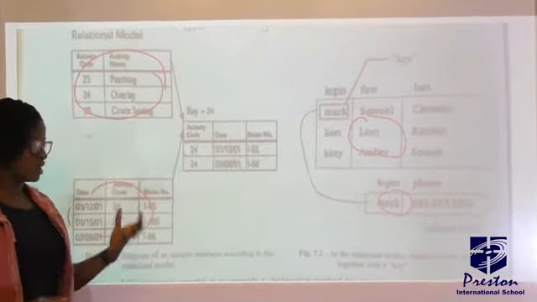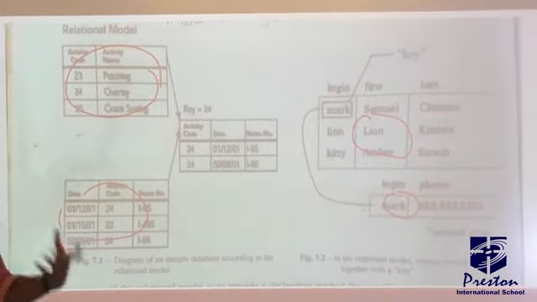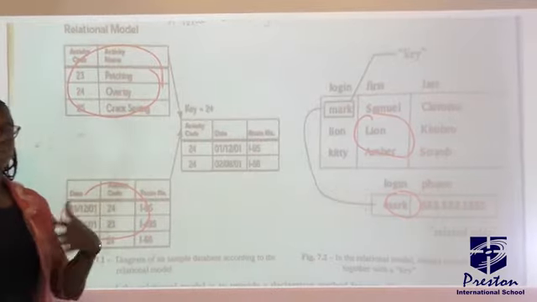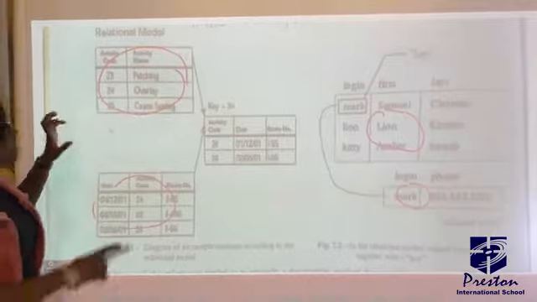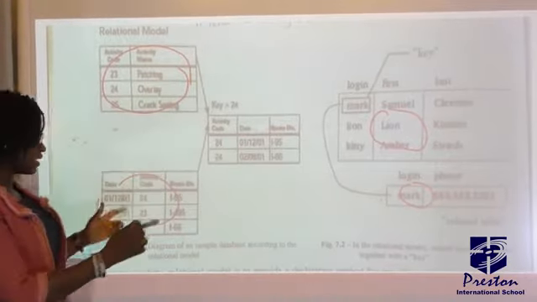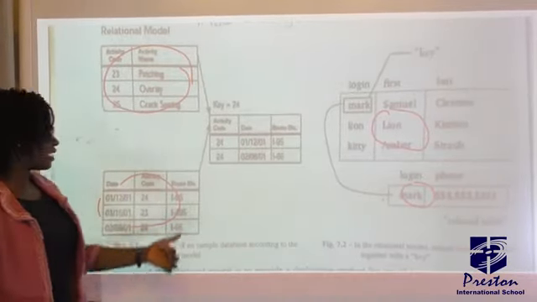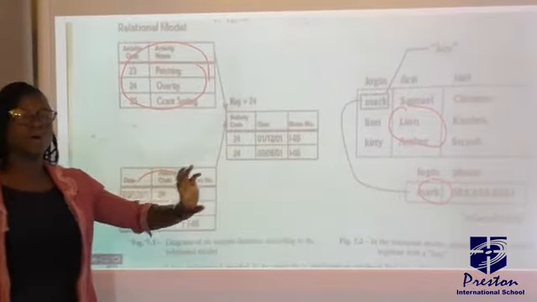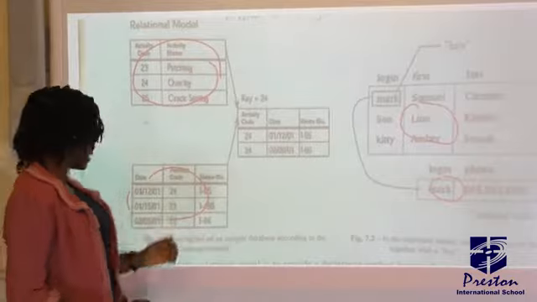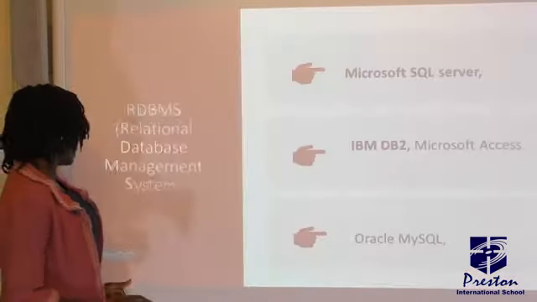Remember earlier we talked about foreign keys, super keys, primary keys, and all that. So the relational model helps to connect tables together, as you can see in this diagram. And the body of a relational model is called extension. So let's move quickly now.